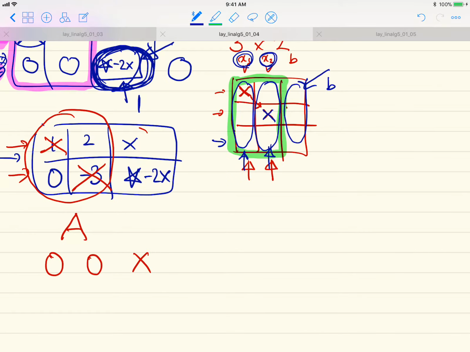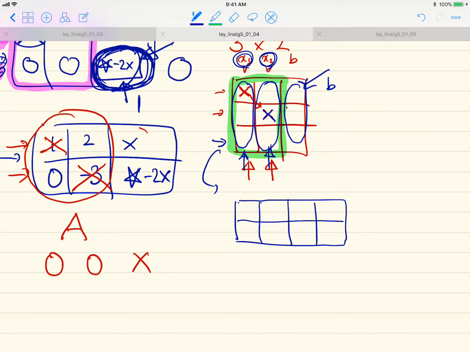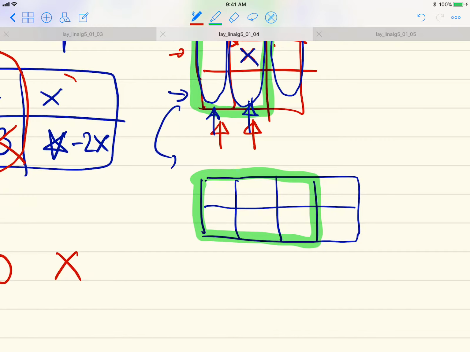Okay, and then let me think about some other cases where we have two equations and three unknowns. So we now have a coefficient matrix here, and the pivot positions can be somewhere around here, corresponding to the first variable and the third variable, but not the second variable, right?